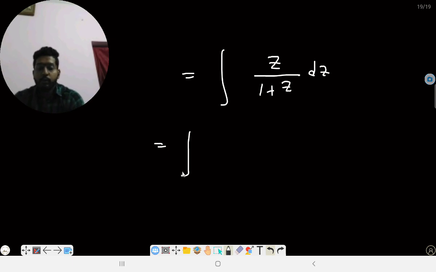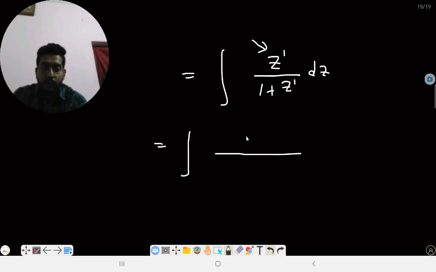Now how to do this one? Look, the power of z in the numerator is 1 and in the denominator the power of z is also 1. If the powers are the same, try to write the numerator in the form of the denominator.